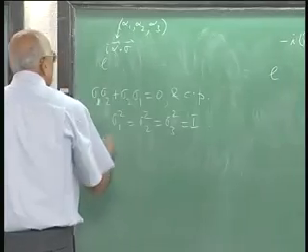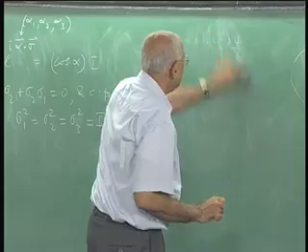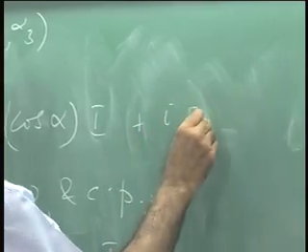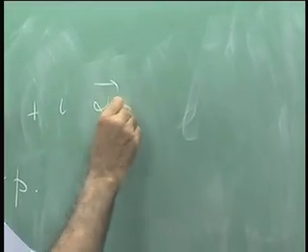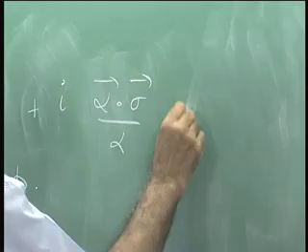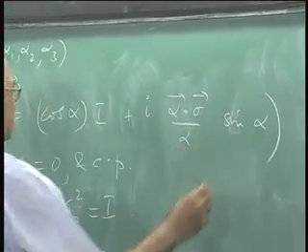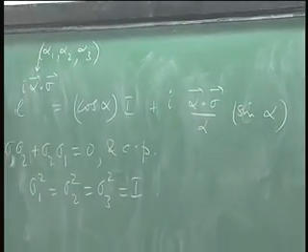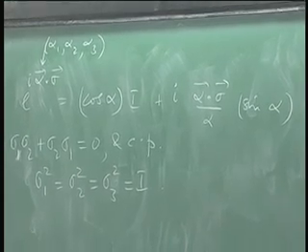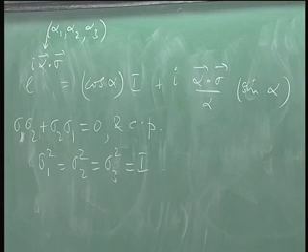It is not hard to show that this is equal to cos alpha times I plus i sin alpha times alpha dot sigma over alpha, where alpha stands for the square root of alpha 1 squared plus alpha 2 squared plus alpha 3 squared. You have to be careful if the alphas are complex, but if they are all real numbers it is very straightforward.